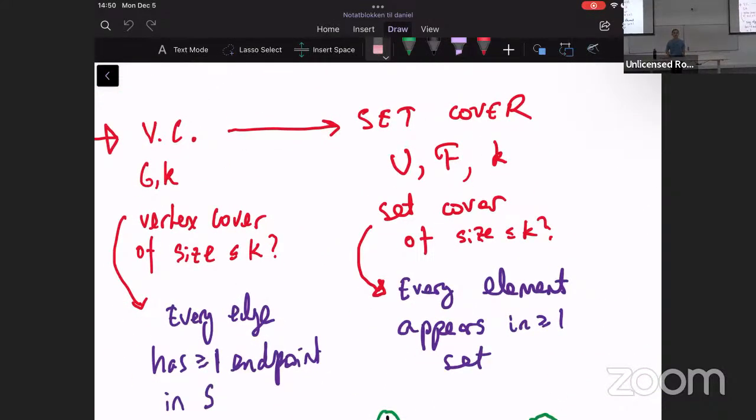In the set cover problem, input is a universe of elements and a bunch of sets, so a family of sets over the universe. And the question is, give me the minimum subfamily such that the union of this subfamily covers the entire universe. So you can think of this as the elements are types of stamps, and then you're trying to collect one of each type of stamp.